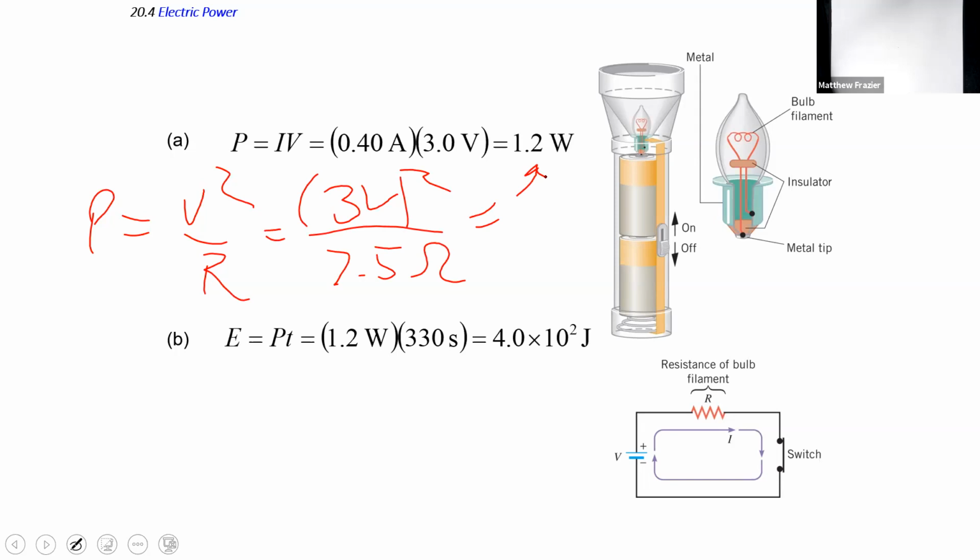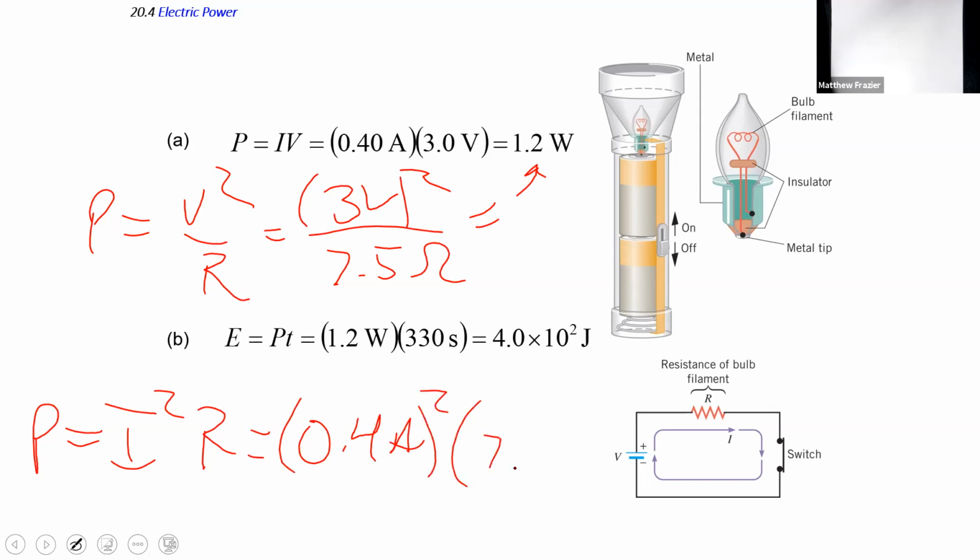You could also do P is I squared R, and you would get about the same answer. P is I squared R, which is 0.4 amps squared times 7.5 ohms, and it's also 1.2 watts.